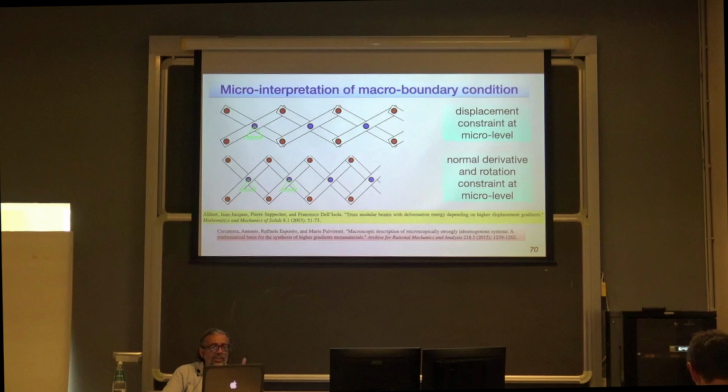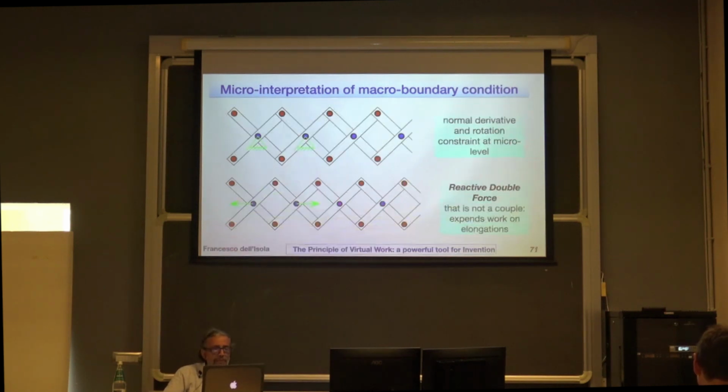But I show you this with pantographs. In order to block the floppy mode, you need to add a second pivot to the second blue dot there, and you block in this way normal derivatives and rotation constraints at the boundary of this one-dimensional continuum. By the way, with Antonio Carcaterra, Raffaele Esposito, and Mario Pulvirenti, we have proven a rigorous convergence of this system even in dynamic situations.